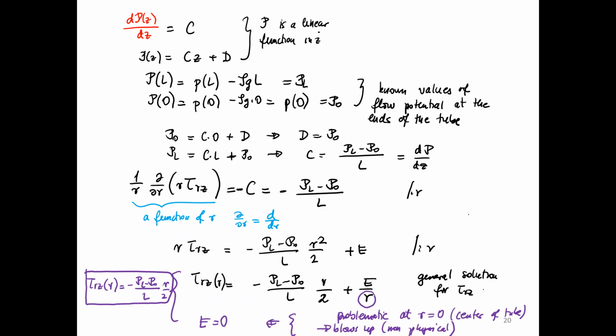Normal boundary conditions for tau rz, or for shear stress in general, is continuity on some boundary. That's one of them. So when we had a thin film down the slope, I had a continuity on the boundary of liquid and air, which effectively meant that tau, what was it, xz in that coordinate system is equal to 0, because viscosity of air is so low that my shear stress is 0.